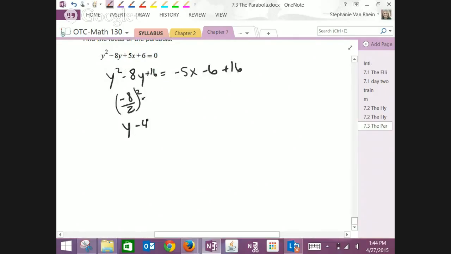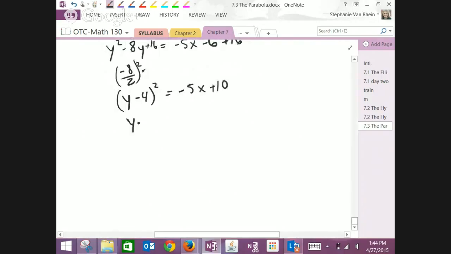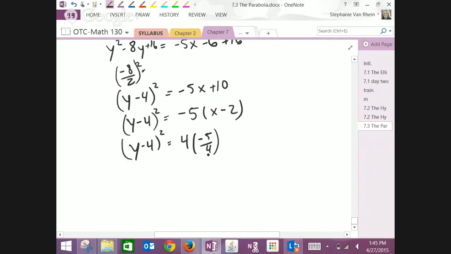This would be (y - 4) quantity squared equals -5x + 10. If I factor out a -5, I have (x - 2), right? So that would be the vertex, and I want the focus. If I put a 4 here, then this would be -5 over 4 to get a 5. So this is P. This is x minus 2.